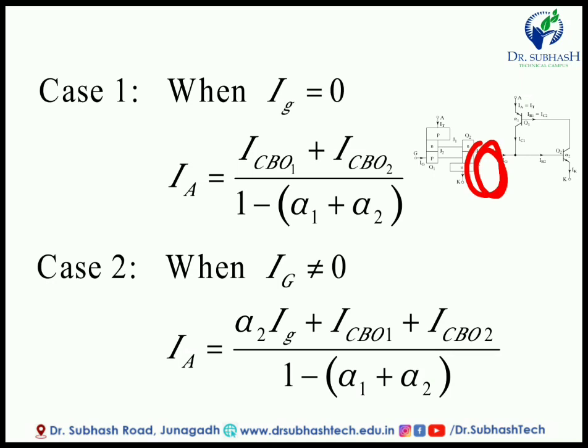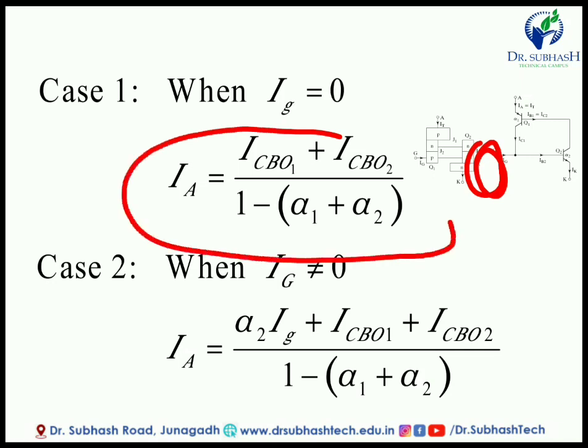So (ICBO1 plus ICBO2) divided by (1 minus (alpha 1 plus alpha 2)), this anode current is only due to the minority charge carriers, meaning the SCR is in blocking mode, so it does not allow the anode current to flow. So we can say that IG equal to 0 corresponds to blocking mode.